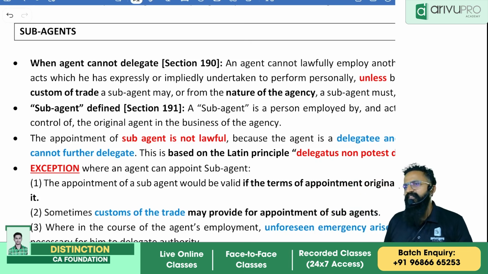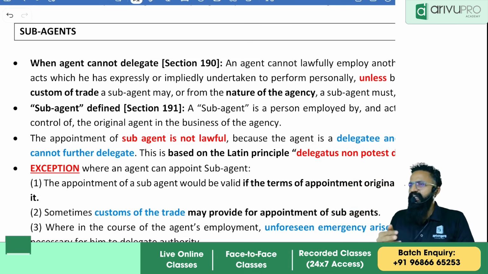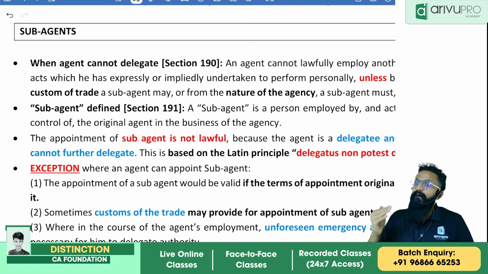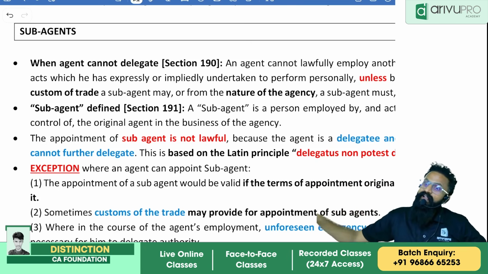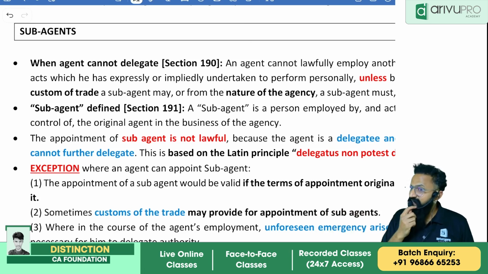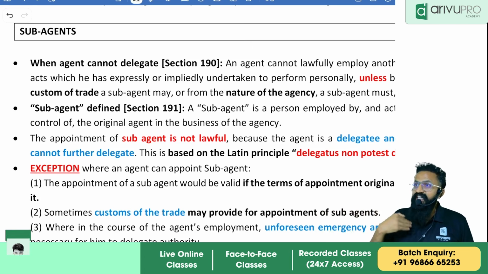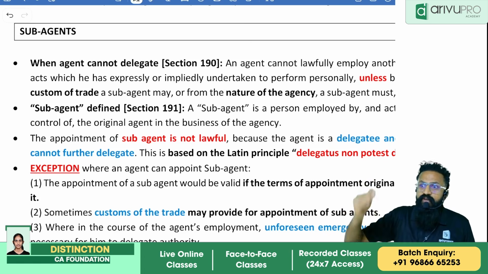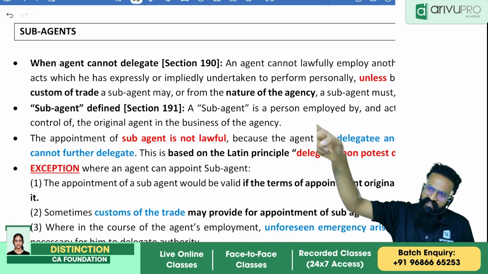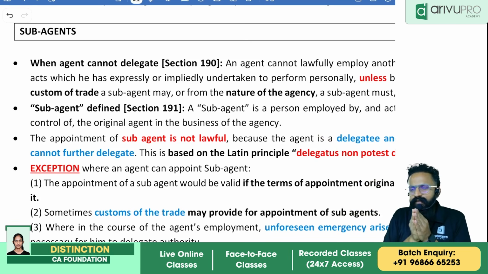So the next concept is substituted agent. What is a substituted agent? An agent appointed upon a reference given by another agent. Now in that case, what is happening? If an agent has acted like an ordinary man, if you have taken sufficient care in referring a person, your liability comes to an end.